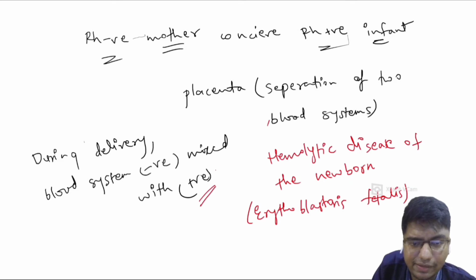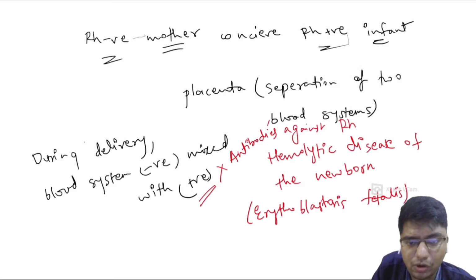So antibodies will be produced against Rh positive, right? Those antibodies will not harm the first baby because it is after delivery.